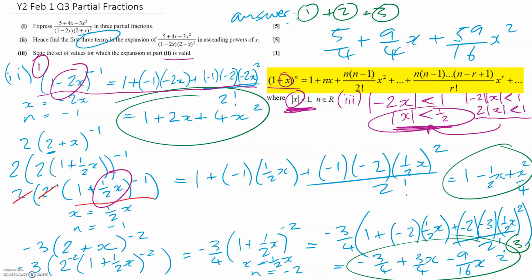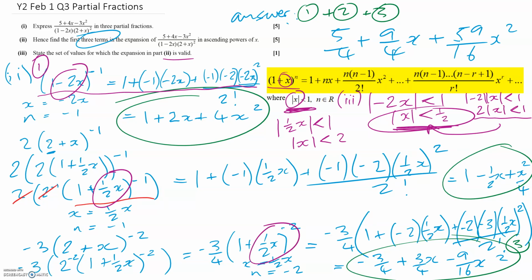So for expansion number 2, we needed the modulus of a half x to be less than 1. In a similar way to the previous question, instead of dividing by 2 this time, we can multiply both sides by 2. So the modulus of x has to be less than 2 for this one.